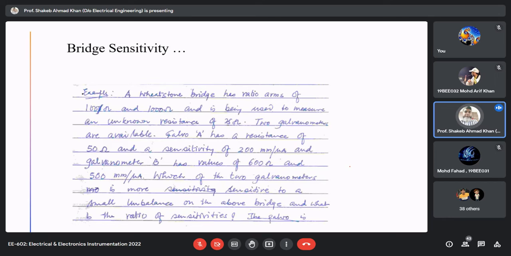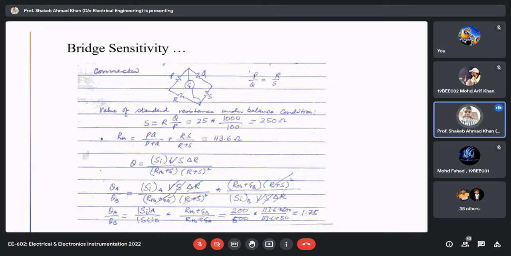At face value, you will obviously say that since galvanometer B has more current sensitivity, your bridge will also be more sensitive with it. But we'll see the significance of other parameters also, then we'll calculate.